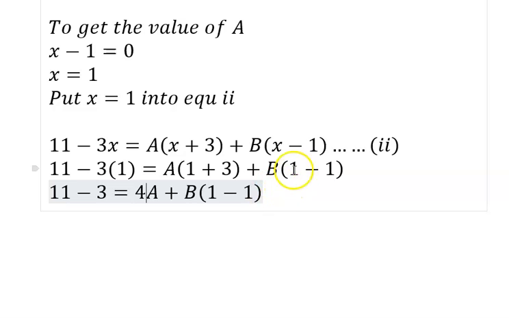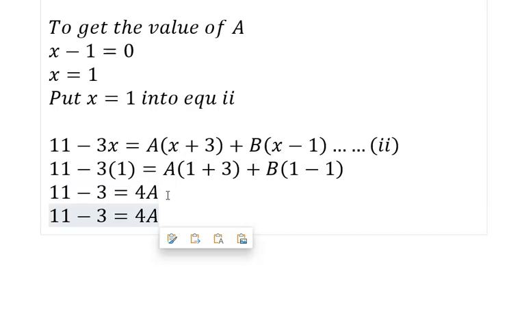Awesome. 1 minus 1 here will give us 0, and anything times 0 will give us 0. 0 times b will give us 0. So we are left with this 11 minus 3, which will give us 8.